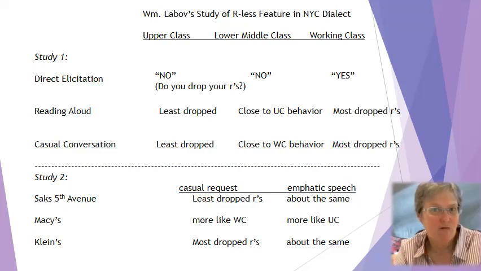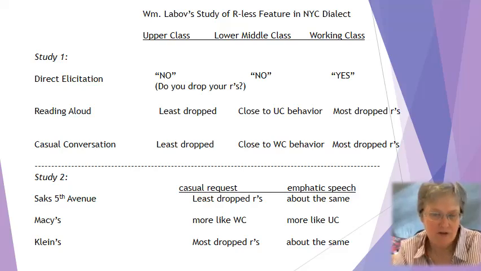Interesting. 4 floors. Notice the R's. So he sent his interviewers into these stores, Klein's, Macy's, and Saks Fifth Avenue, which served different clientele. Klein's is like a Woolworth's level, right? Macy's kind of middle class. Saks Fifth Avenue more, upper class clientele.